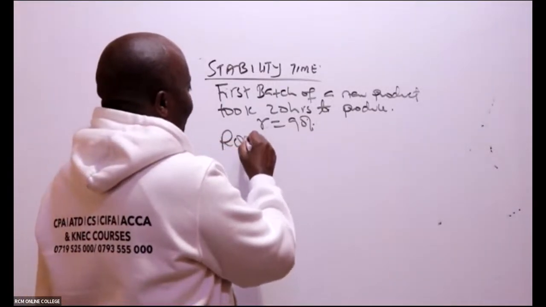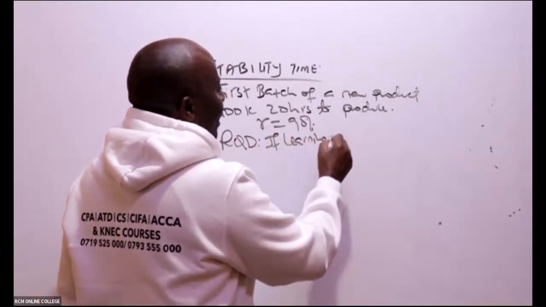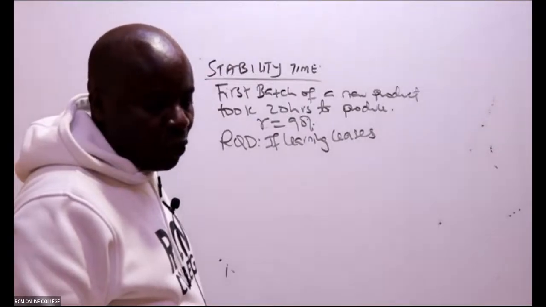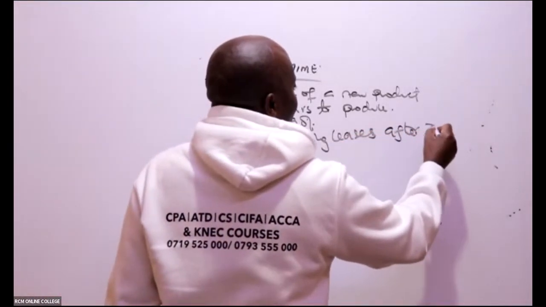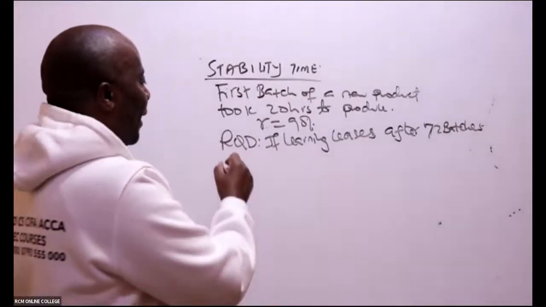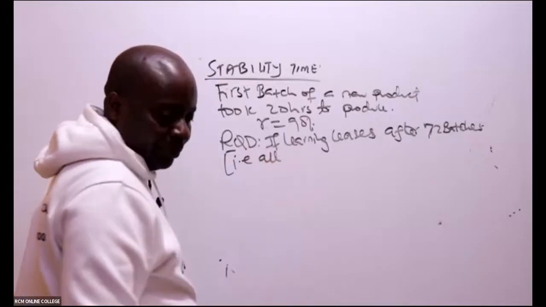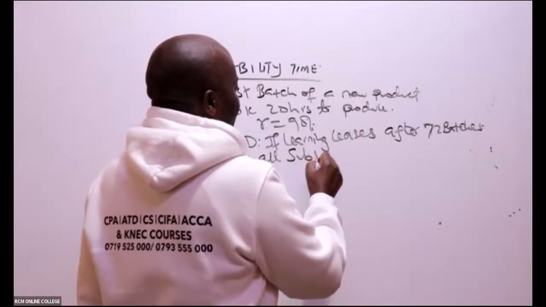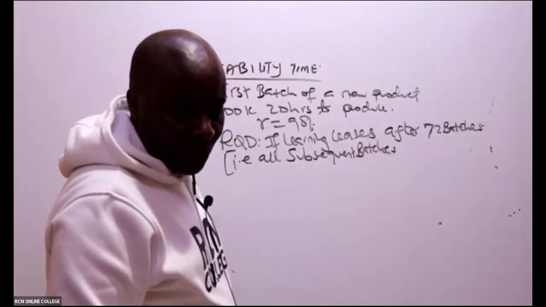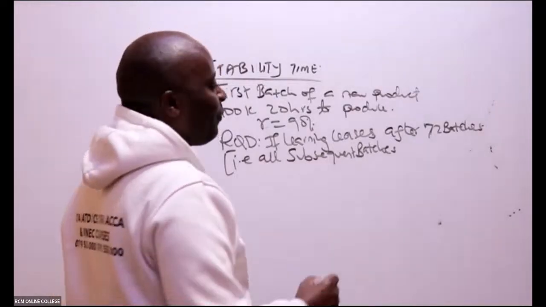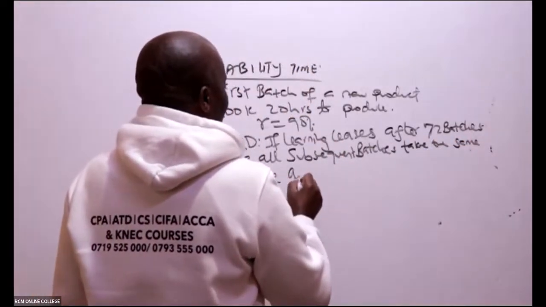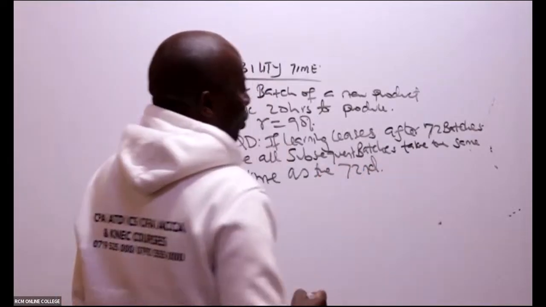Required: if learning ceases after 72 batches, i.e. all subsequent batches take the same time as the 72nd. Full stop.